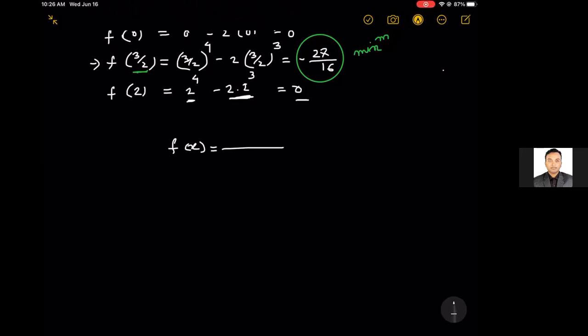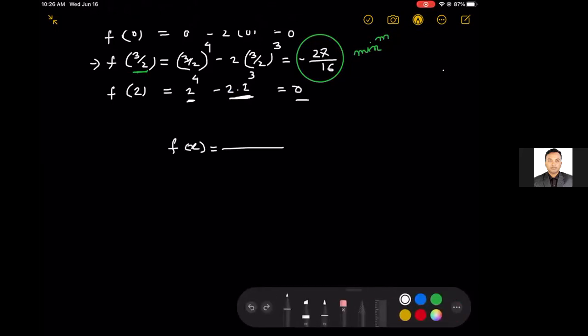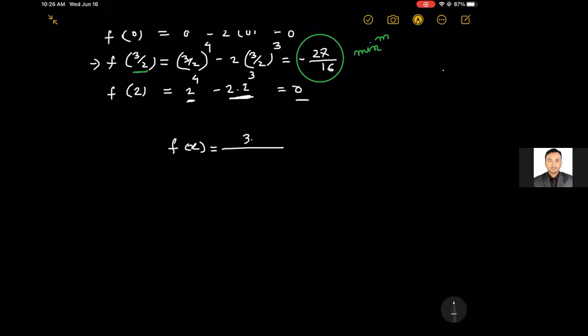Let's start with an easier one. We have to have an expression here. Let's say 3x plus 2 over x squared. Let's say we have a function like this.